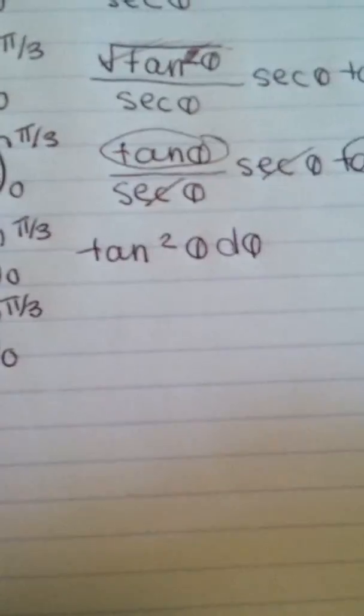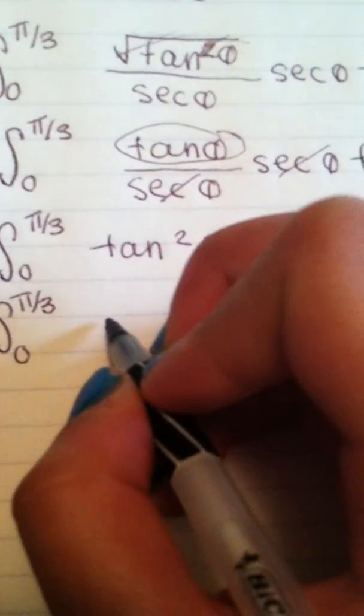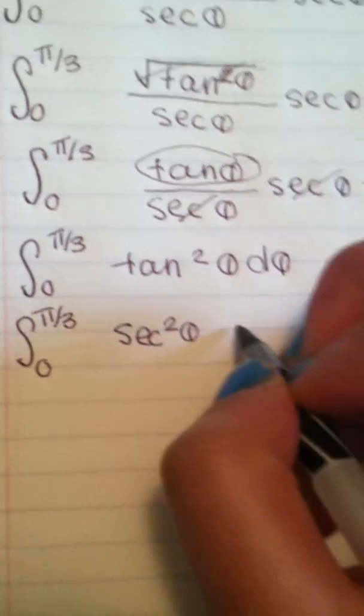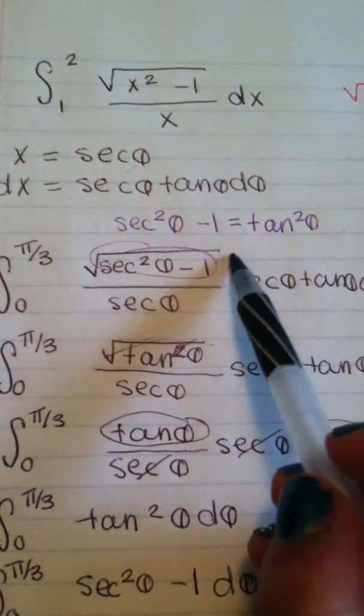So changing that, we would have the integral from 0 to pi over 3 of secant squared theta minus 1 d theta.